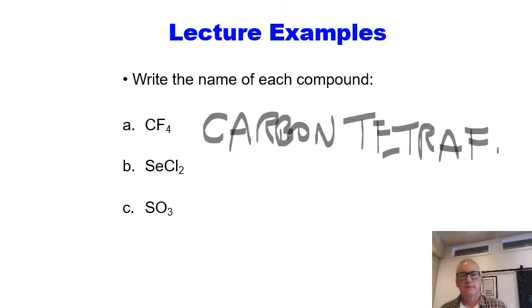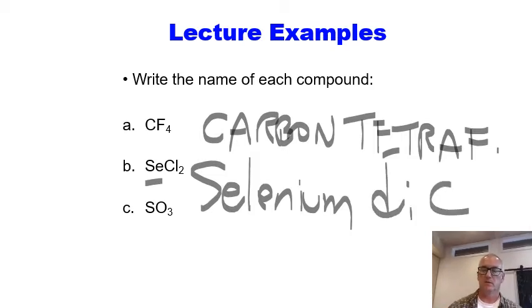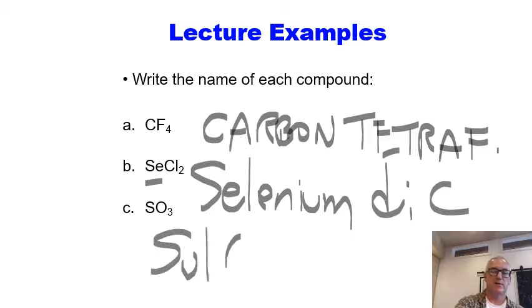What's that one? Selenium, right. So we have just a single selenium, so we just say selenium, and there's 2 chlorines, so that would be dichloride. And the last one, S is for sulfur, right? So that is just sulfur.